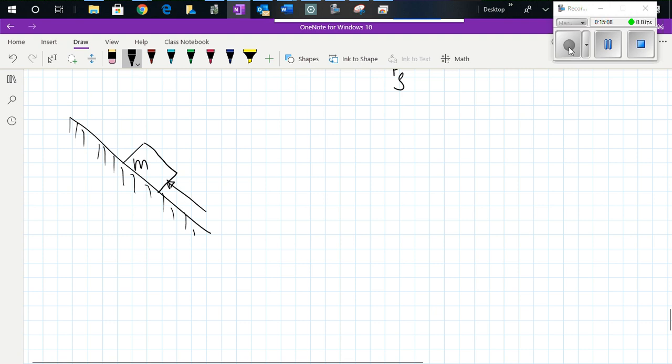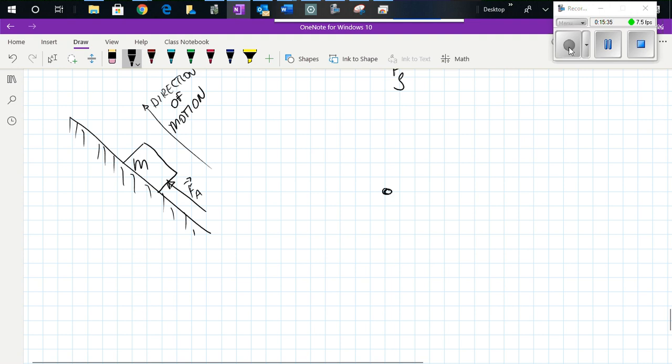We have a force applied that is, again, parallel to the surface of the incline. And as a result of this force, the object is moving up the incline. The free body diagram will be something like this.